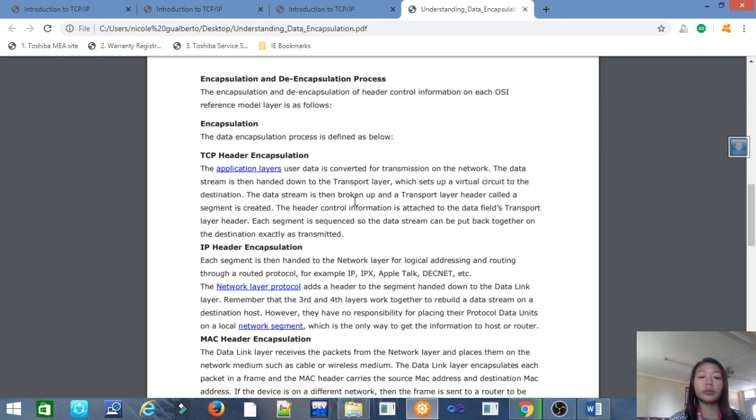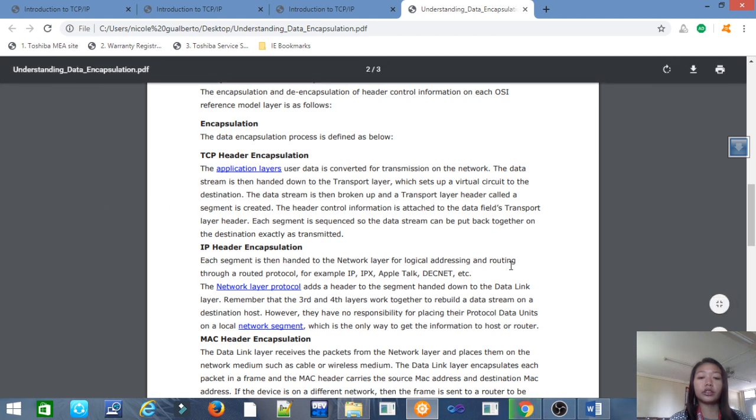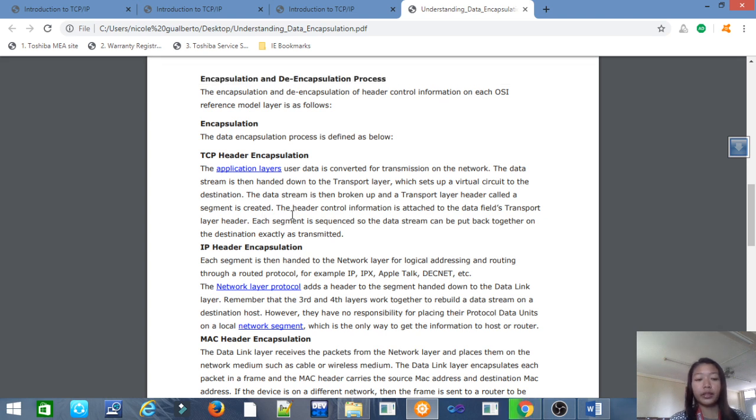Then the data stream is broken up and a transport layer header called a segment is created. The header control information is attached to the data field's transport layer header, and each segment is sequenced so the data stream can be put back together on the destination exactly as transmitted.